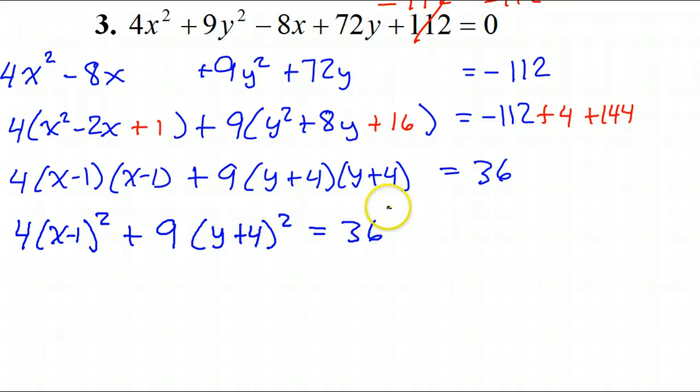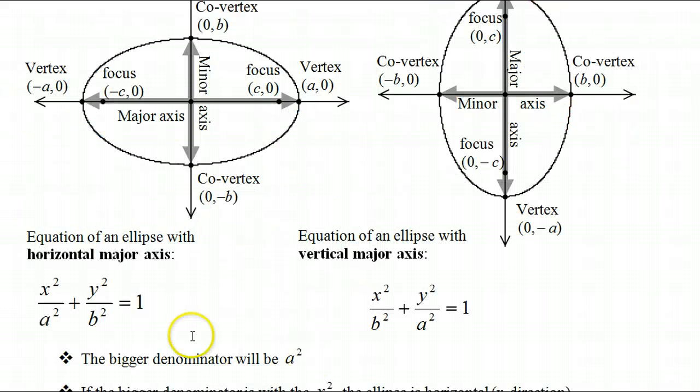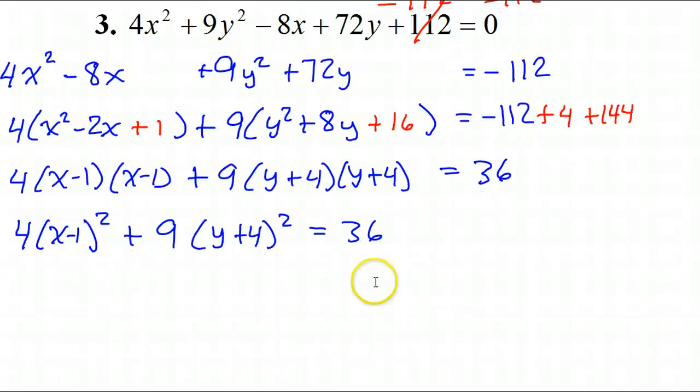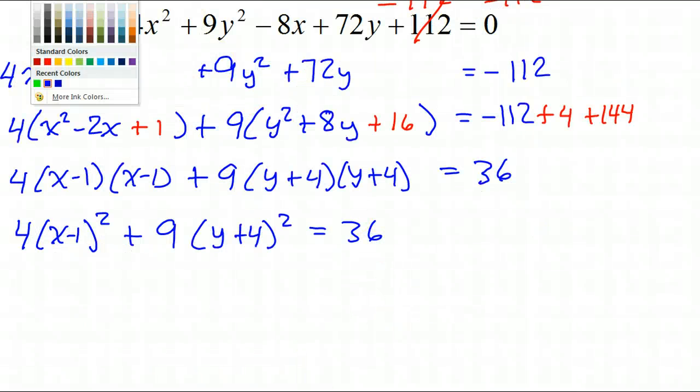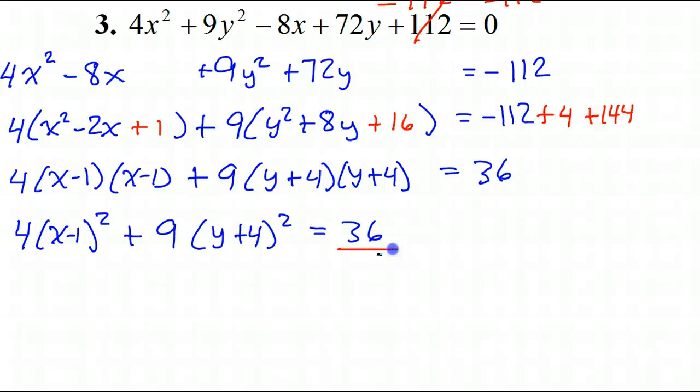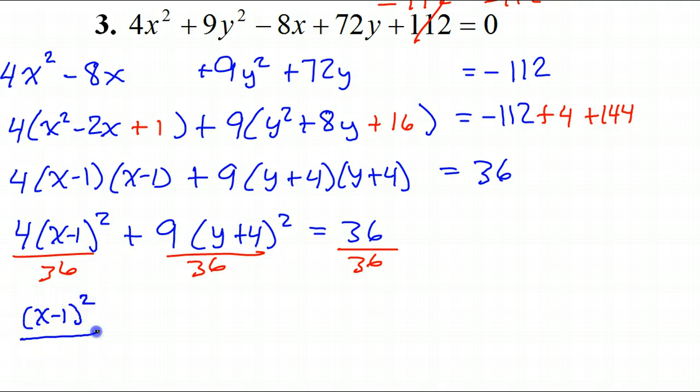is equal to 36. Now, looking at your standard form, you see that we have 1 here, just like for a hyperbola, which means we must divide by 36. So let's divide everything by 36. 4 goes into 36 9 times, so I'm going to have x minus 1 squared over 9.